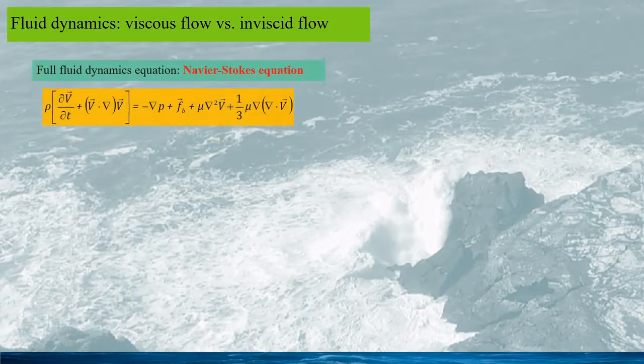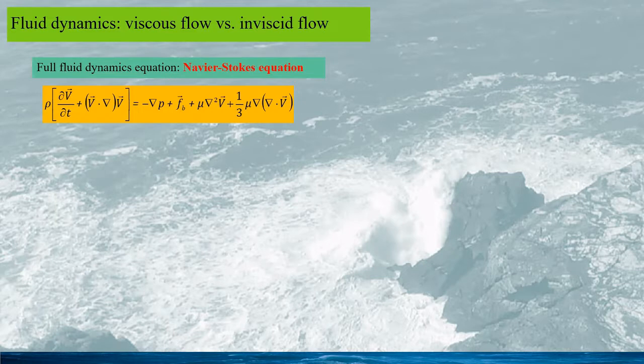Let's start from the Navier-Stokes equation. We can see in the Navier-Stokes equation, on the left-hand side, the substantial derivative is used for calculating the fluid acceleration, which consists of 2 parts, the local acceleration and the convective acceleration.